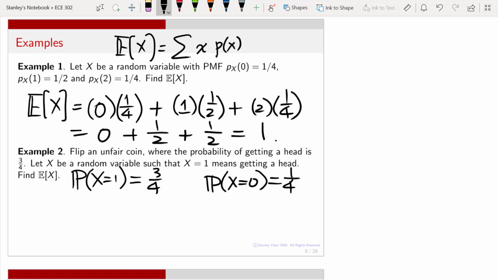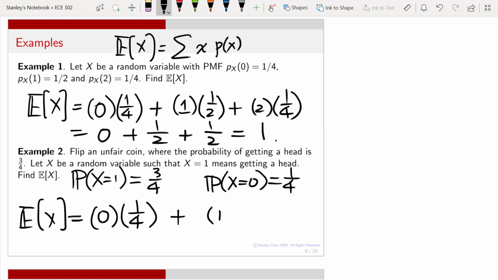That will give you 1/4. And so the expectation of x is 0 times 1/4 plus 1 times 3/4. Here is the state, here is the probability. So you multiply them together, add them together, and you get 3/4.